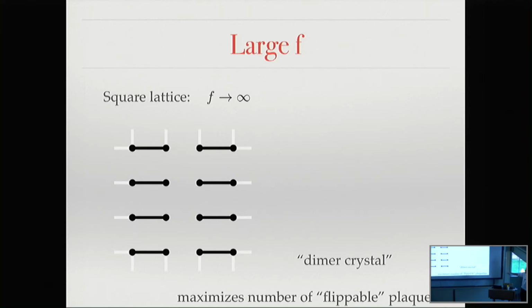The reason these are favored is those plaquette flip terms. This is the kind of state that has the most allowed plaquette flips, right, that all of these are flippable plaquettes. If I had a staggered configuration, with a bond here and a bond here, I wouldn't be able to flip this plaquette, and so I'd get less kinetic energy from those terms. This is known from the Rokhsar-Kivelson model.